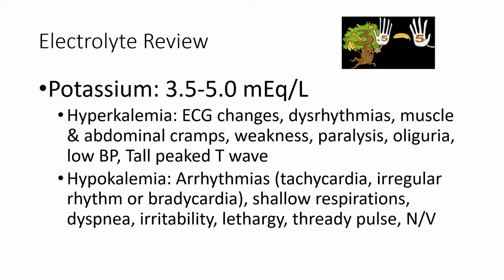If you have reduced urine production, you can run into trouble with high potassium, because if your kidneys aren't making urine, they're not excreting potassium, and you can become hyperkalemic. The ECG change that is classically taught with hyperkalemia is tall peaked T waves.